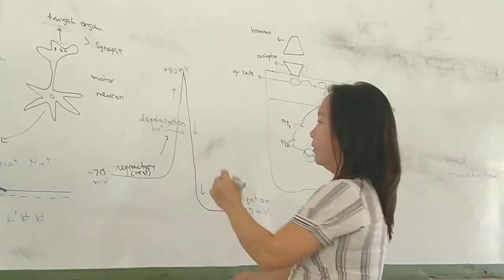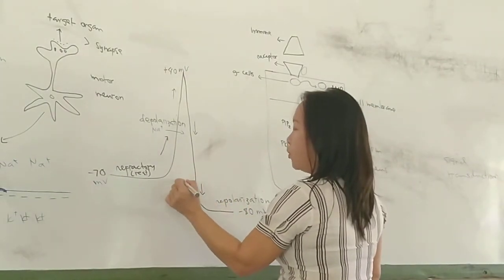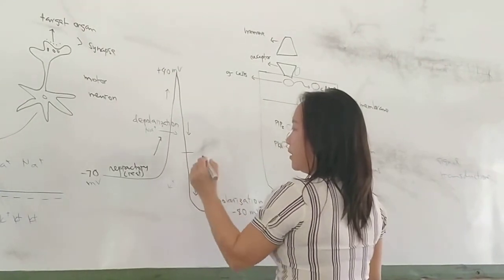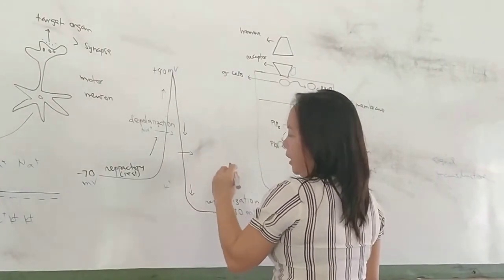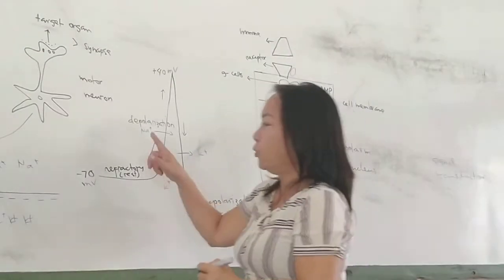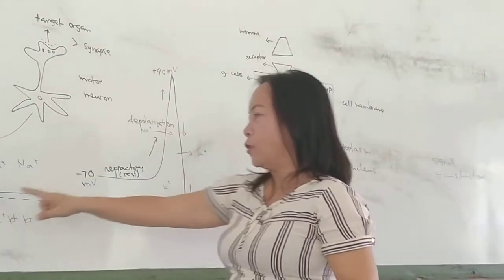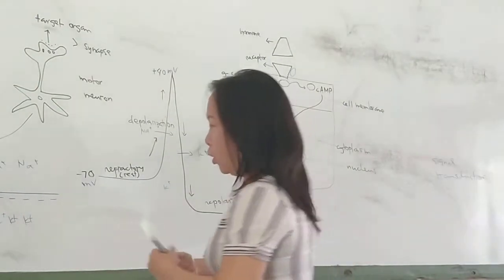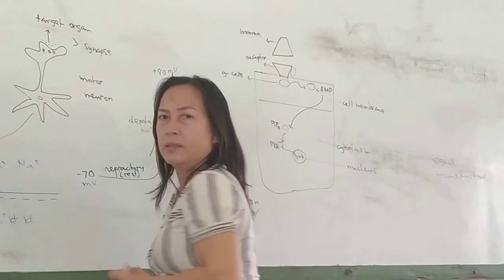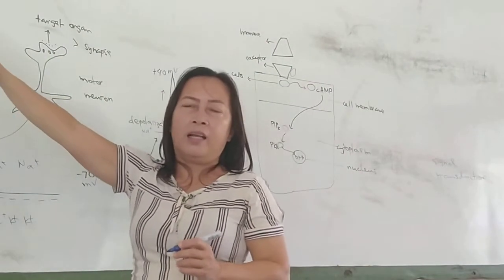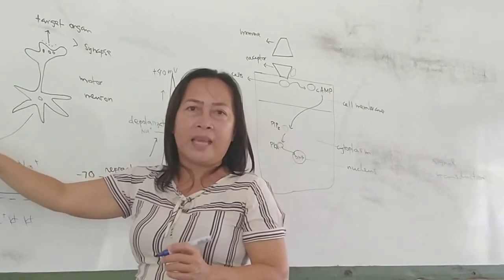That is the uphill. Here, there is potassium inside. Now, during depolarization, class, the sodium gate is open and the potassium gate is closed. These are ligand-gated gates.